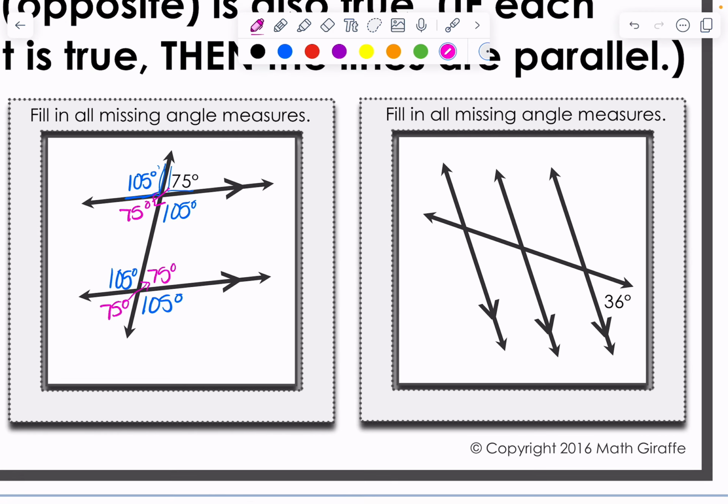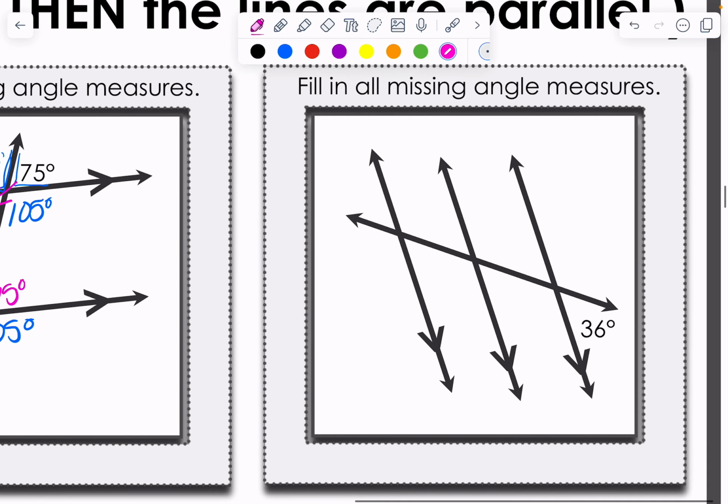On this example over here, it says fill in all the missing angle measurements. So again, I just want to point out that we're being told that these lines are parallel, so that's what helps us and allows us to know that we're going to have a bunch of congruent angles here, okay? And so same idea. I have a 36-degree angle, so I see that that's going to be vertical with this.